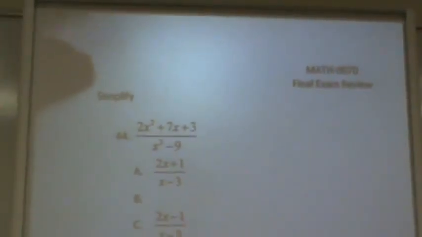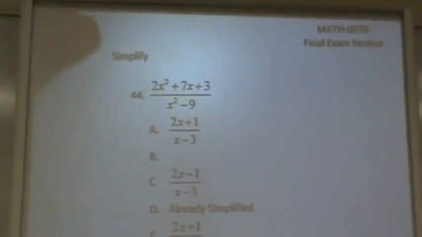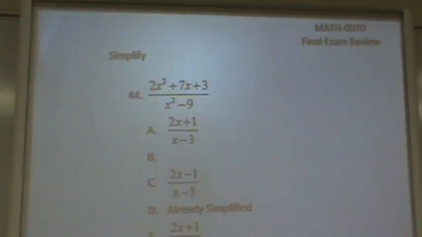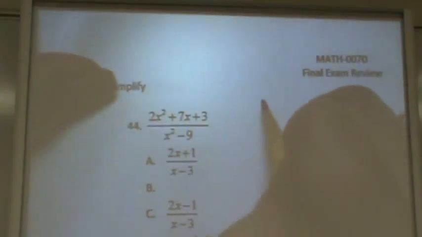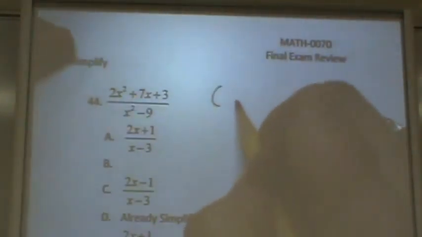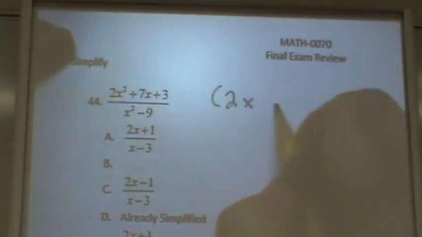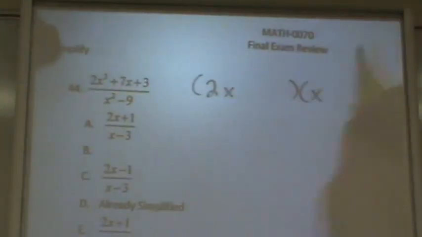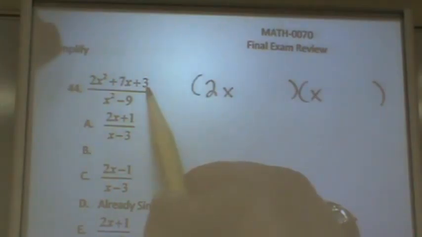Okay, for 44, you are asked to simplify this problem. So what I would like to do is factor the numerator. How do you factor that numerator? Well, what times what is 2x squared? 2x times x. Then we have to figure out what times what is 3.